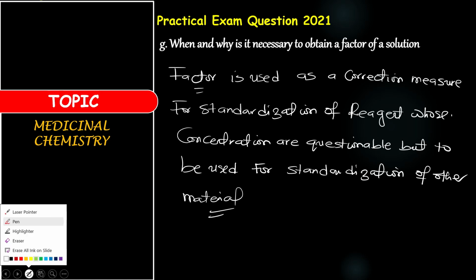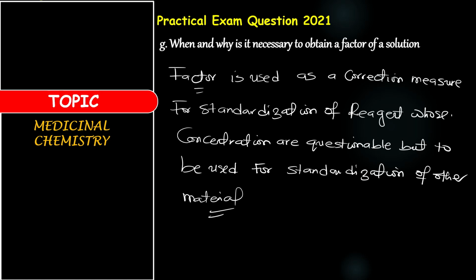A, B, C. You want to use B to get C, but even B itself, we are not sure who B is. You must get the identity of B to get C. Are you getting it now? So what we do is use A. We know the concentration of A very well.